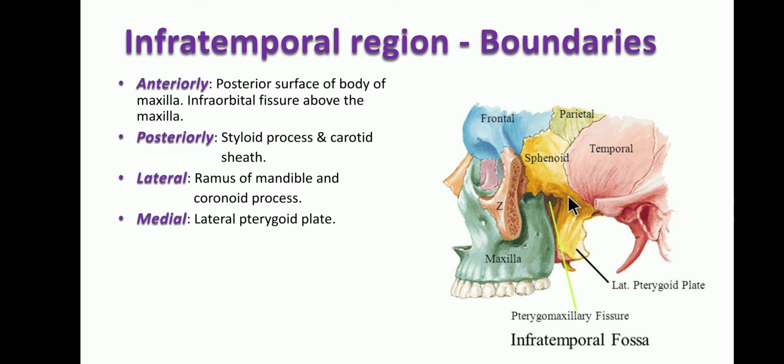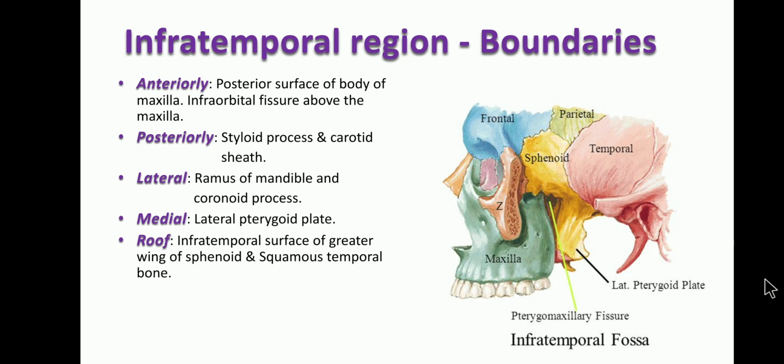Superiorly, or above, the roof is mainly formed by the infratemporal surface of the greater wing of sphenoid, and to some extent the squamous part of the temporal bone. In the roof, mainly you come across two foramens. One is the foramen ovale and the other is the foramen spinosum.